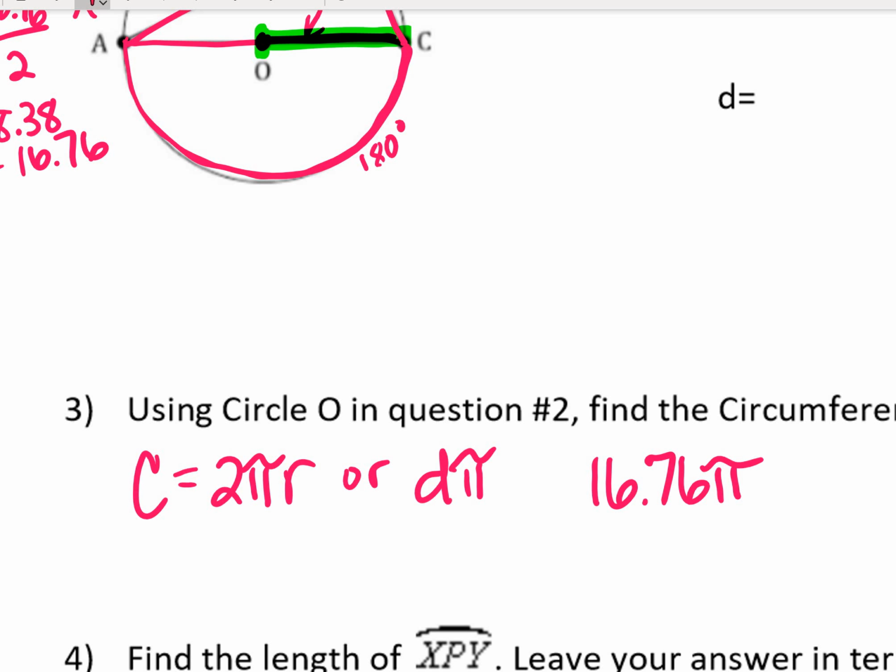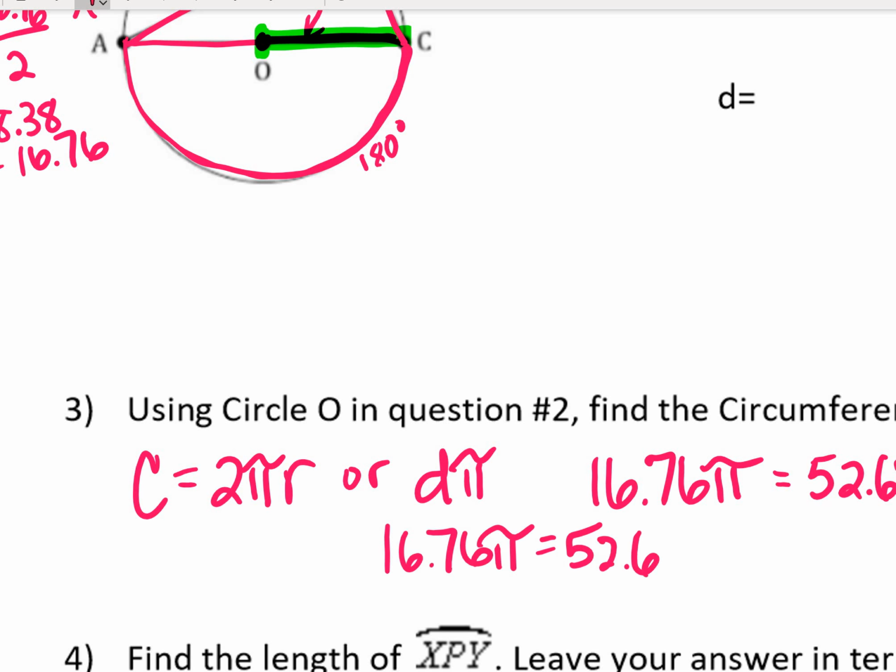And this does not say how to leave it, so if I go ahead and leave it as a decimal, just multiply that times the pi button on your calculator. Oops, I think I went off the screen. So I've got more screen than what you're seeing. 16.76 pi equals 52.65. So circumference.